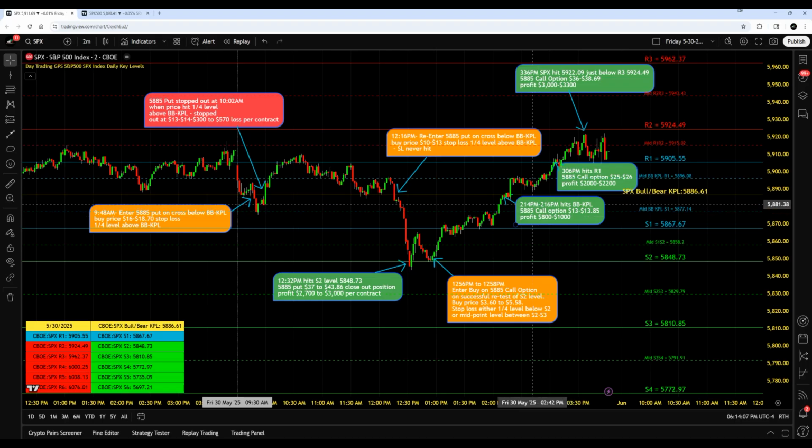You also have to keep in mind these are 0DTE options, and at this point it's 2:14 to 2:16, and the market closes at 4 p.m. So you have to be cognizant of that.